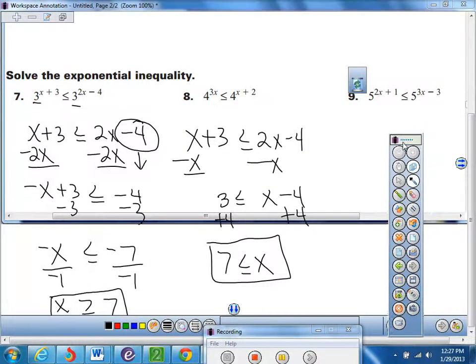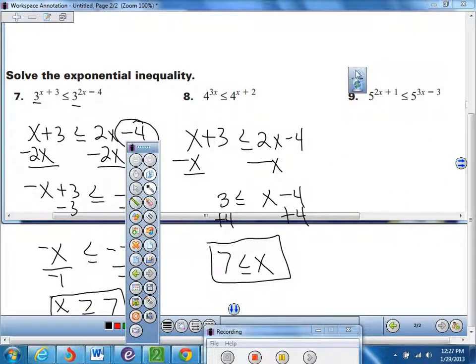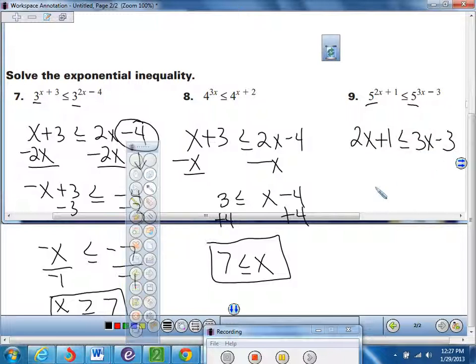Alright, let's look at number 9 over here. Okay, we have the same base, so I'm just going to bring down 2x plus 1 is less than or equal to 3x minus 3. Okay, now I'm going to move the 3x over again, because if we had to graph these, sometimes it's simpler to graph them if the variable's on the left.